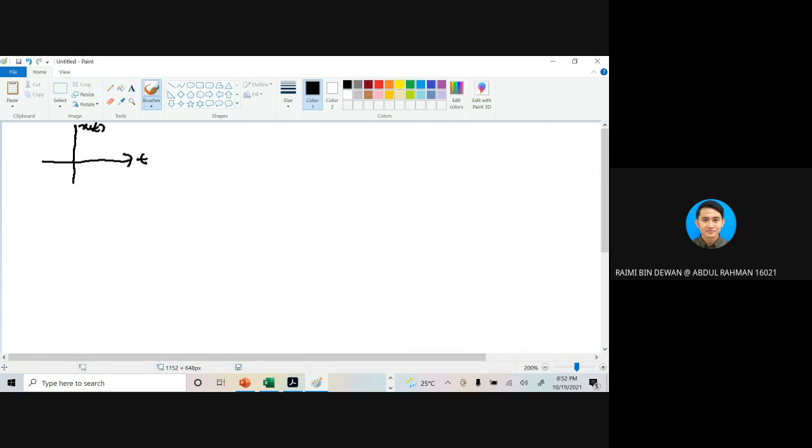So let me draw the original signal first. Here is 3. This is the original. We use the same signal as in the previous example to get you familiar.